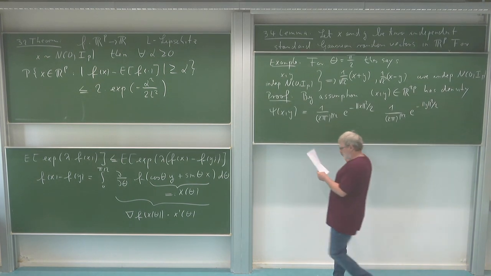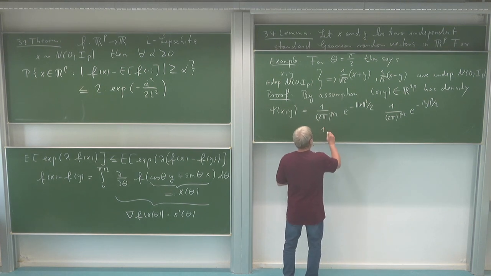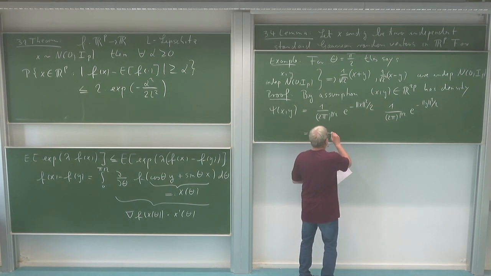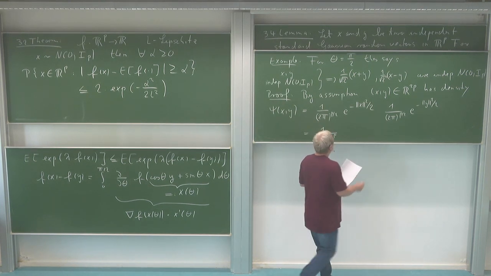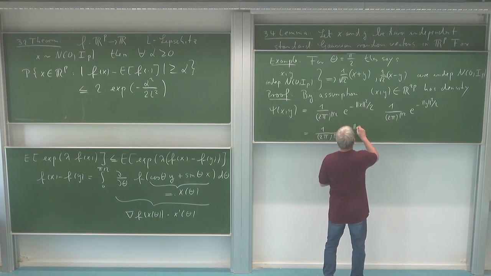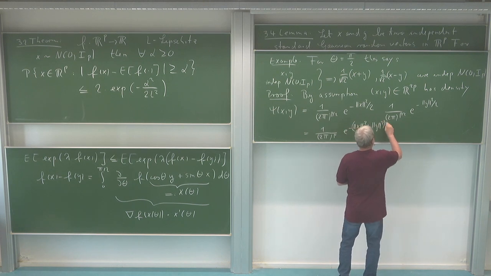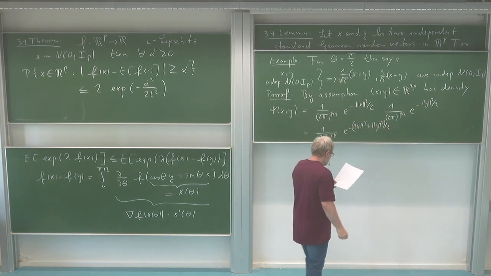Okay, and of course, I can also write this as 1 over (2 pi) to the power p over 2 and p over 2, so altogether I have to the power p, and here I have e to the minus (x squared plus y squared) divided by 2.